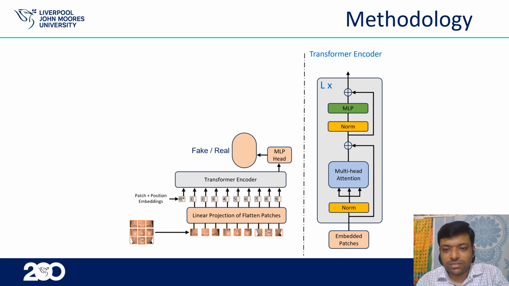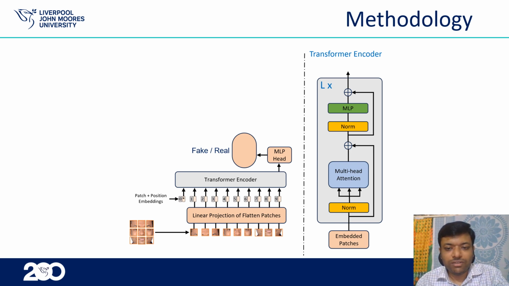If you check the right side, the transformer encoder is repeated L times, but here we are using 11 times as per our experiment. Finally, it is fed to the MLP head, so we can detect whether it is fake or real. This is the methodology we followed and the complete architecture of our application.